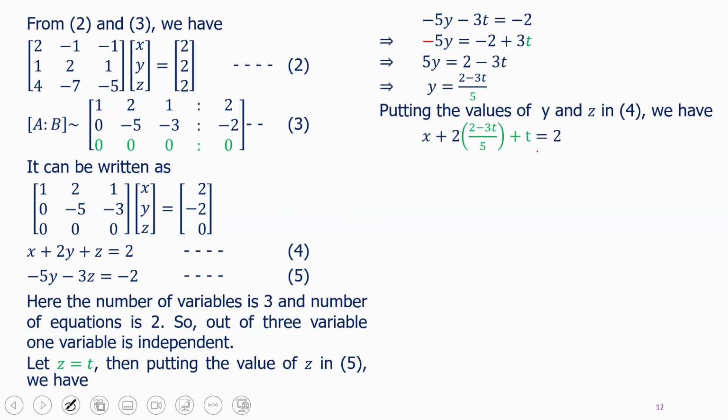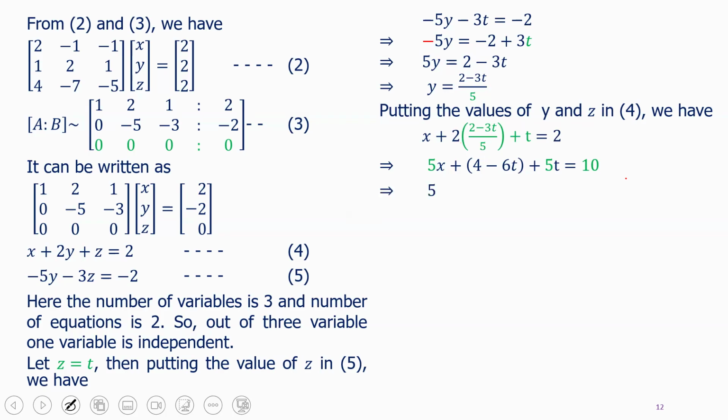So let us simplify it. Let us multiply the whole equation by 5. So this is 5x, and this 5 will cancel. So 2 times (2 minus 3t), 2 twos are 4, minus 6t. And we multiplied t by 5 and 2 also by 5, so this is 5t and this is 10.